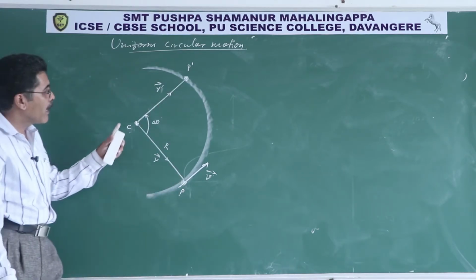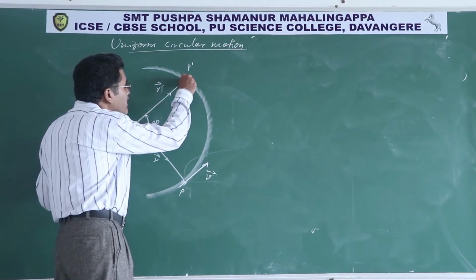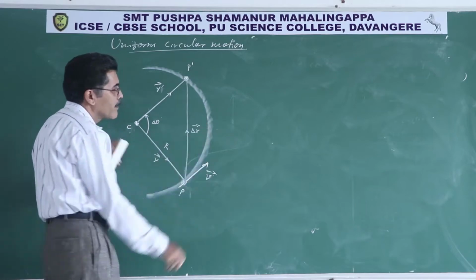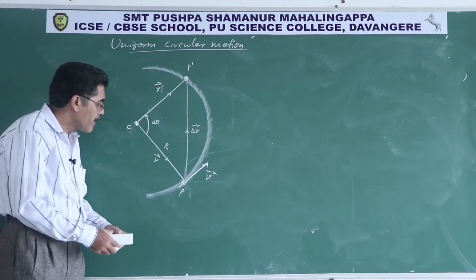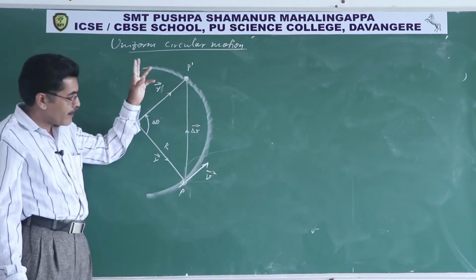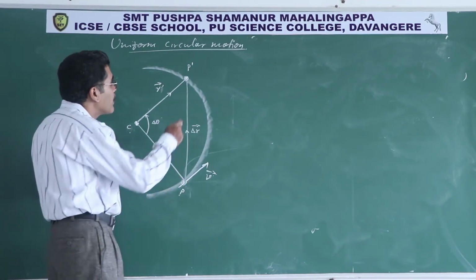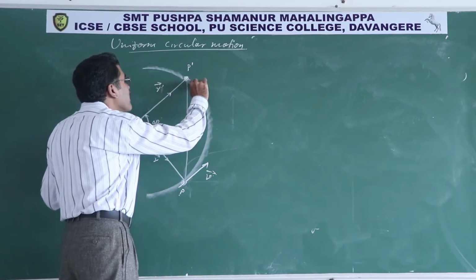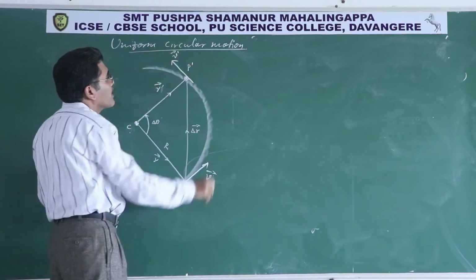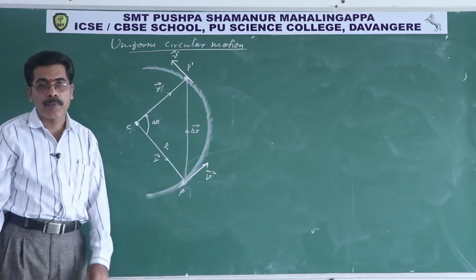Delta theta is the angle swept by the radius vector, and this represents displacement delta r. So we have considered a particle of mass m moving along the circular path. Initially the particle was at P, and the velocity is tangential to it, and in a time delta t the particle moved to P dash, and now the velocity is v dash. Delta r is the displacement.